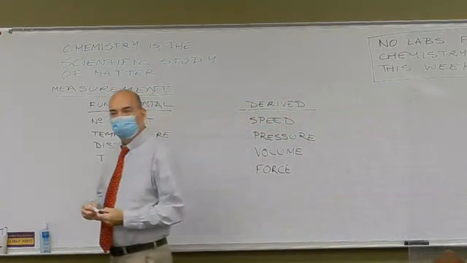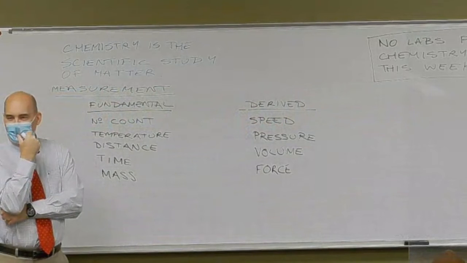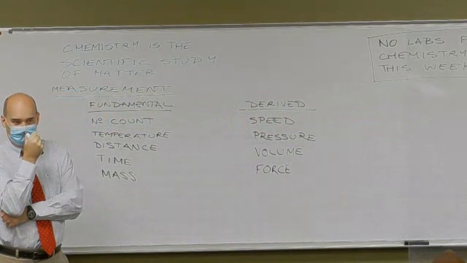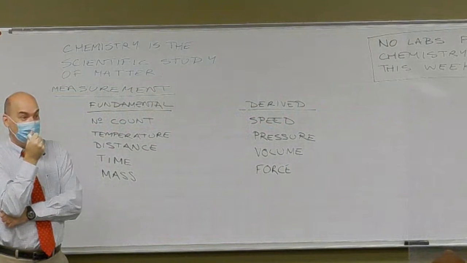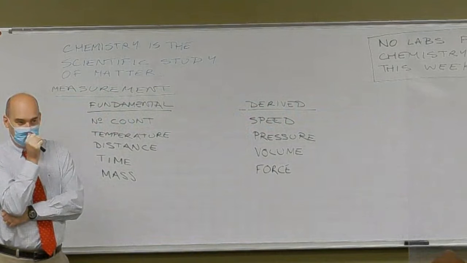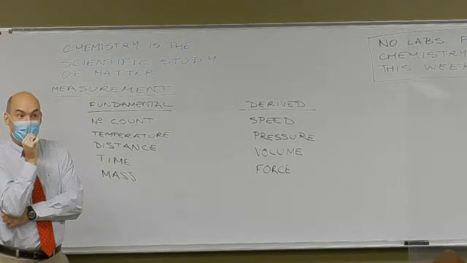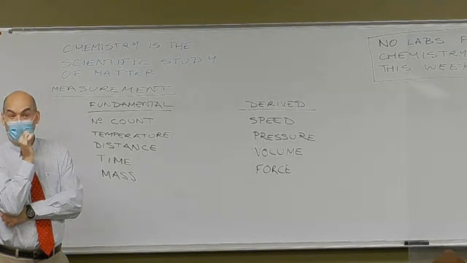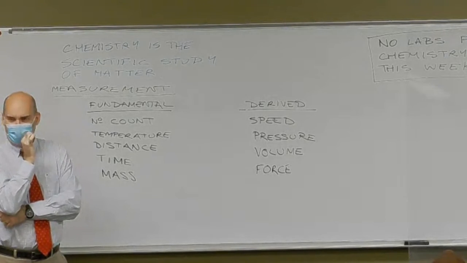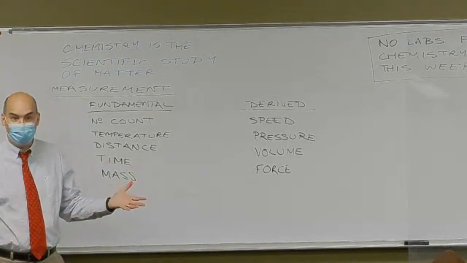Let me ask you a question. How many milligrams do you think are in a gram? 1,000. How many grams do you think are in a kilogram? 1,000. Guess which times table the thousands are in? It's on the 10 times table. So if I give you any number and say, can you multiply that number by 1,000? You know the answer.